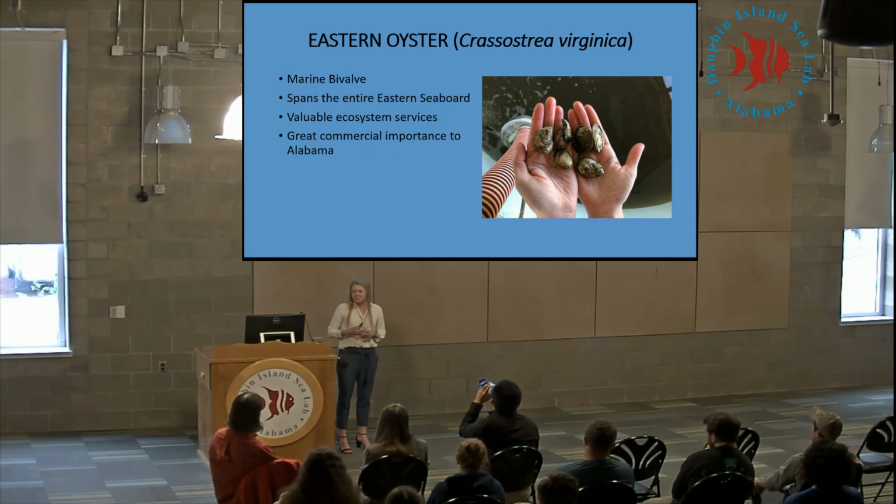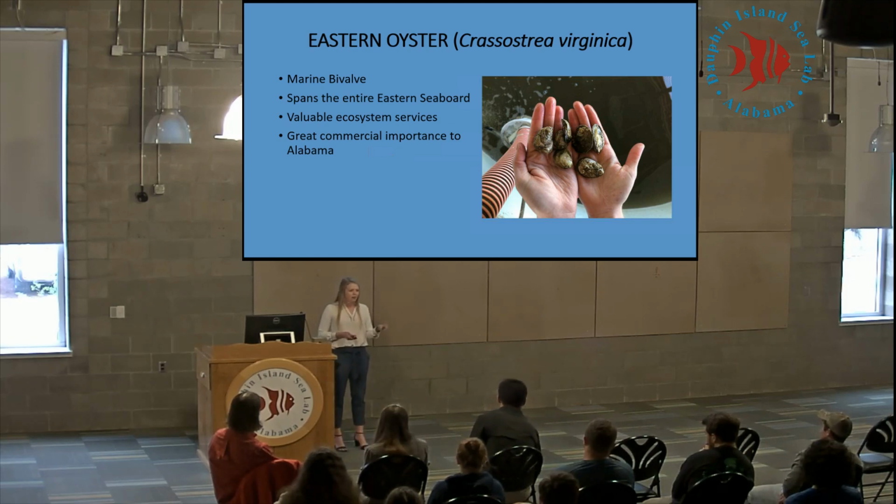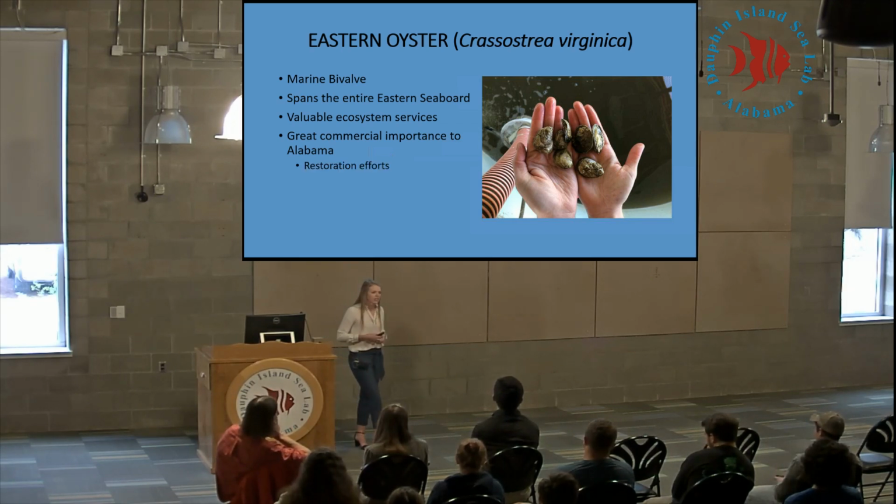Oysters in general provide valuable ecosystem services. They protect the shoreline from wave damage. They also filter water, and provide valuable habitat and a food source for marine species. There's a great commercial importance of the eastern oyster in Alabama.